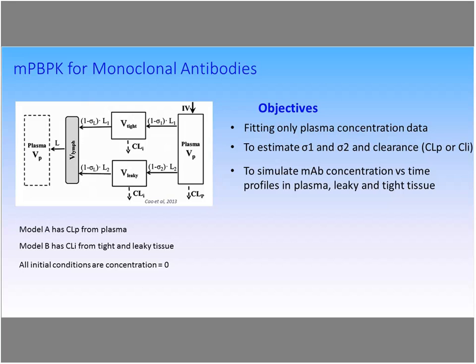And we also want to simulate the mAb concentration versus time profiles in plasma, leaky, and tight tissue. Now, we are going to run Model A, which only has clearance happen in plasma space. Model B has clearance happen in tissue space only. And all initial conditions are concentration equals 0.